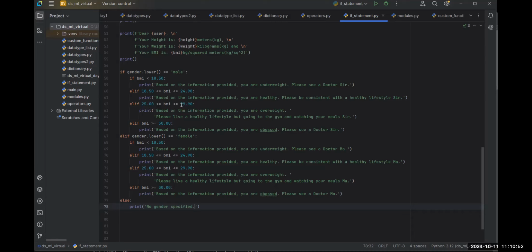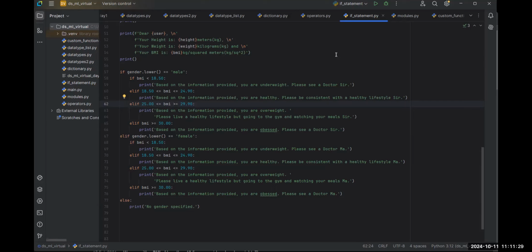So we are going to rewrite this in such a way that once it is equal to 29 point this or above it, so this should be greater than or equal to 29.90. So anything less than or equal to 25, and then greater than or equal to this should return overweight for us.